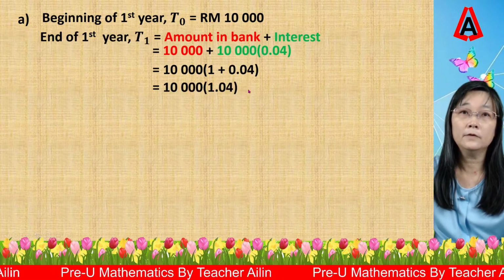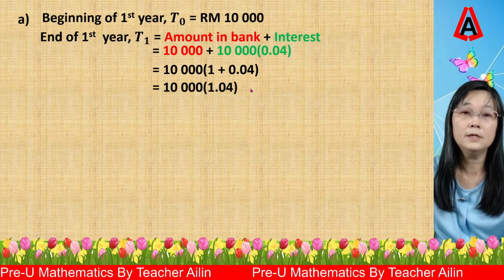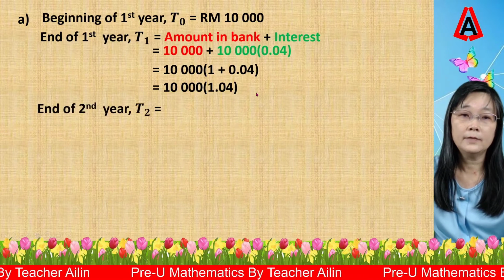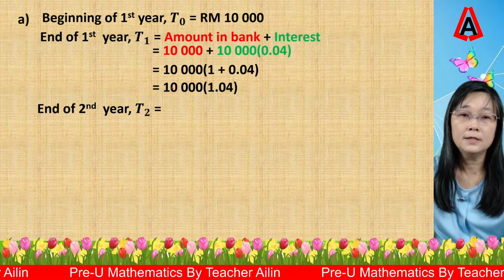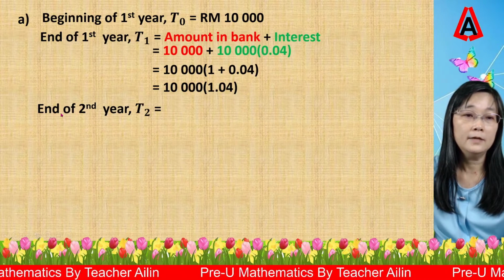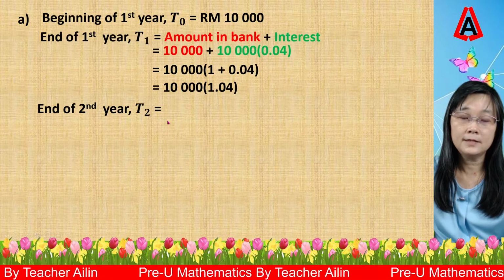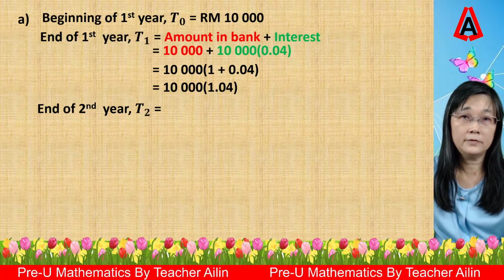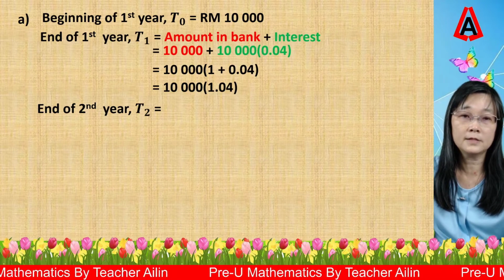Then this amount of money will be transferred to the second year. So at the beginning of the second year, this amount of money is in the bank. Then at the end of the second year, the amount of money in the bank will increase because of the interest.